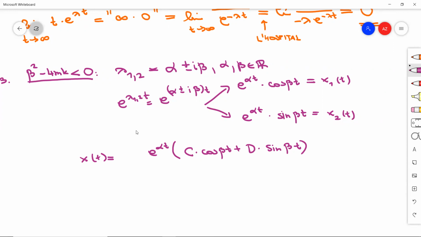What kind of motion is this? x of t is e to alpha t times these brackets. What kind of motion is inside these brackets? If we didn't have this e to alpha t, what kind of motion would this be? Periodic motion.